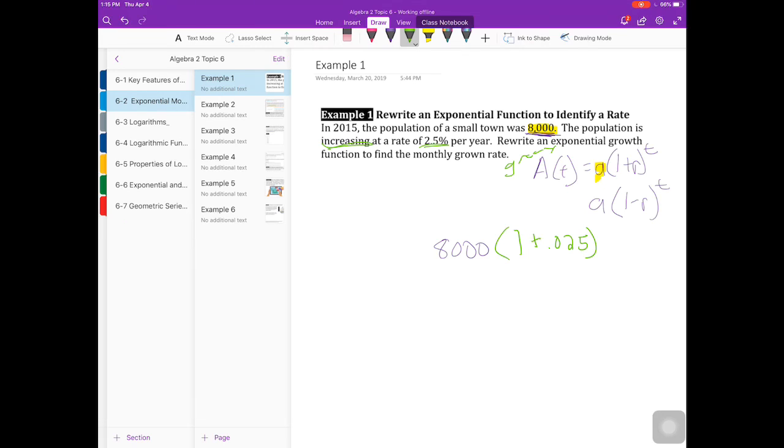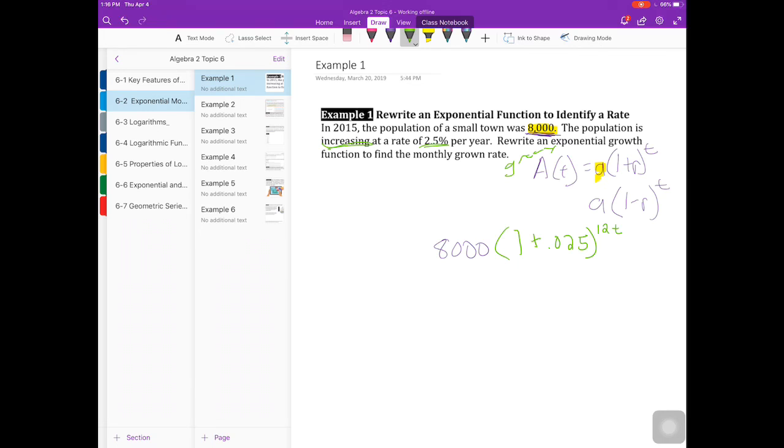Rewrite an exponential growth function to find the monthly growth rate. So for our time, we would usually have 1 year there. But in this case, we're doing it 12 times in a year, so we're going to put 12t there.